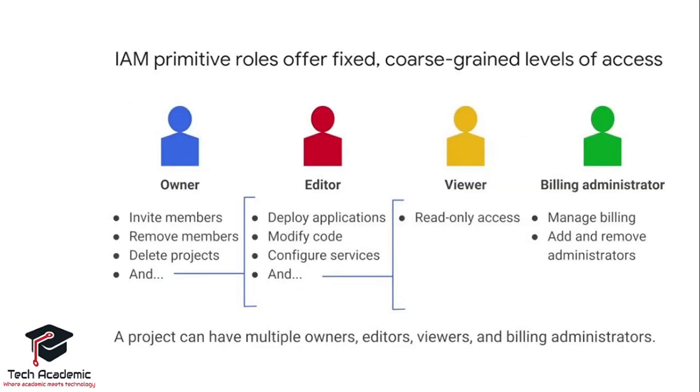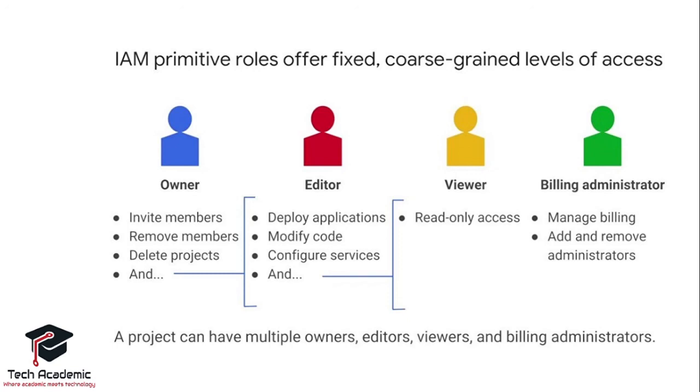As you can see here, IAM primitive roles offer fixed, coarse-grained levels of access. There are four roles mentioned on the screen: owner, editor, viewer, and billing administrator. Viewer has only read-only access.